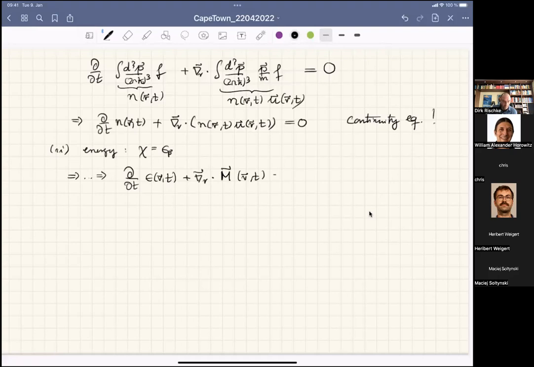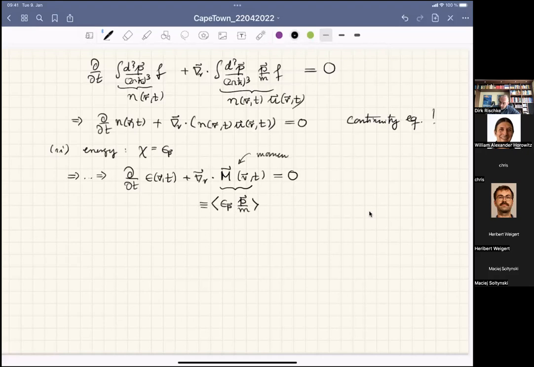We'll define this in a moment. So this guy here is actually the average of the single particle energy times velocity, which is what you would call the energy flux or momentum density.